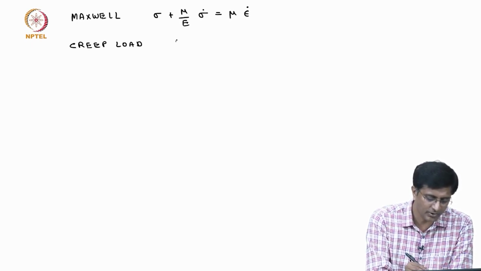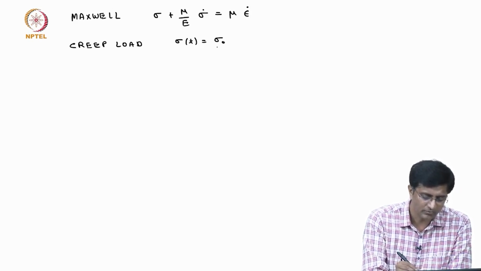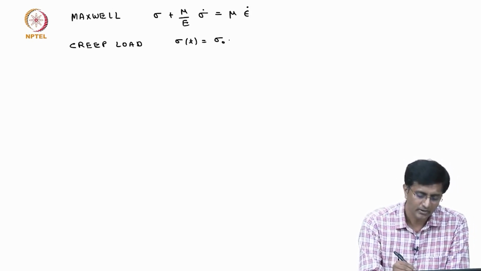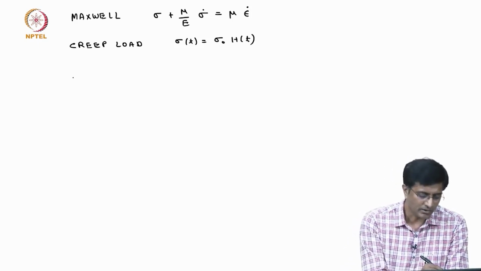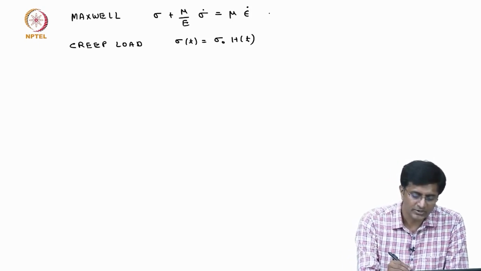We represent the creep load as sigma t equals sigma naught, which is the initial load applied, times the Heaviside function h of t. Let us number these equations as equations 1 and 2.